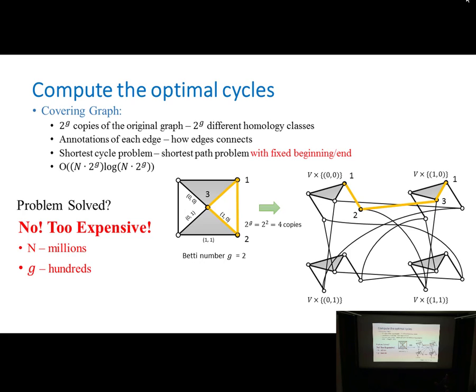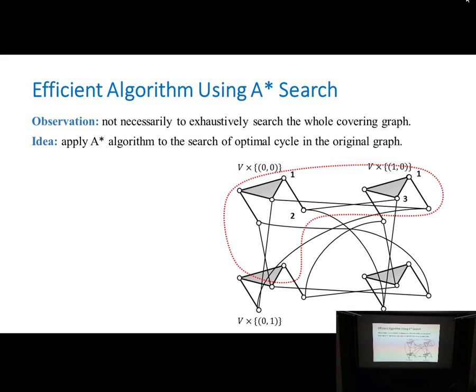Second thing is, even the Betti number can be up to hundreds, right? Remember that diagram, right? No matter how we select the things above it, still is a big mess. So the numbers are really huge. I mean, think about 2 to the power of 100. That's really a big number, right? To mathematicians, maybe not. Now, so in practice, it doesn't work.